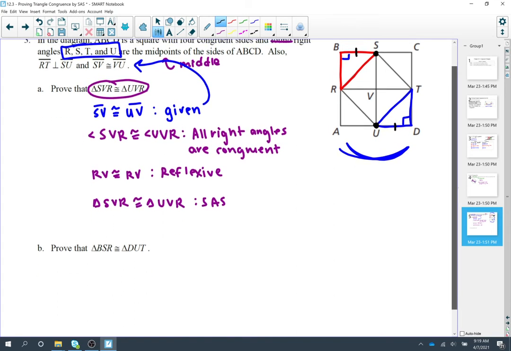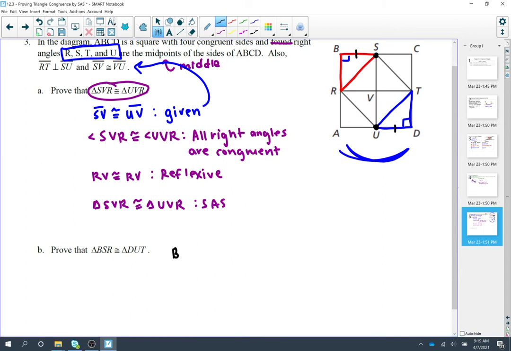So my first statement is going to be that BS is congruent to UD. And for that one, we're just going to say definition of midpoint. So that's one of our sides.